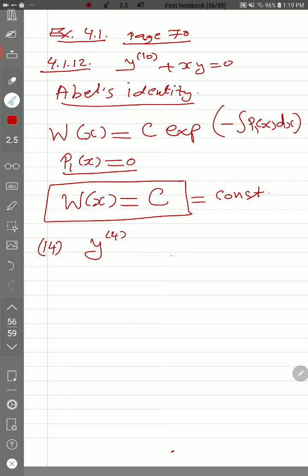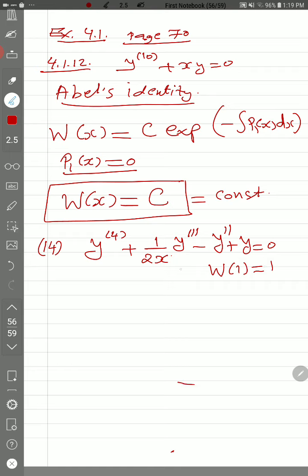Okay, if you go to exercise 14, fourth order now. Here it is 3 minus y double prime over x plus y equal to 0. And he gave you a condition, the value at 1 equal to 1.